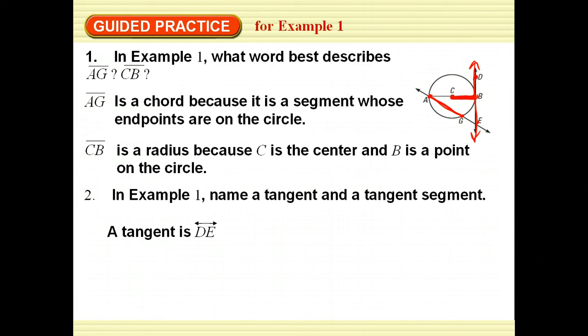And a tangent segment is just a line segment that is tangent. I could say line segment DB, or I could say line segment BE. Either one of those only hits in 1 place. So segment DB or segment BE would also be a tangent segment.